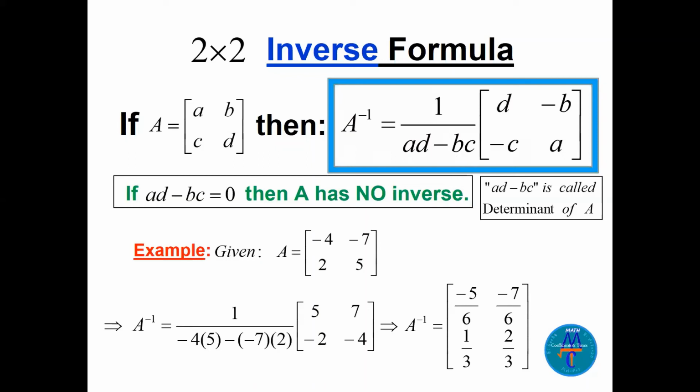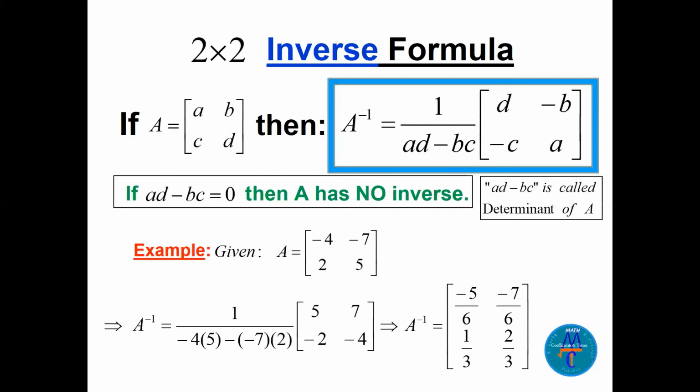B becomes minus B, C becomes minus C. This is a formula, guys. You can directly apply it when you have a 2 by 2 matrix and you need the inverse. Now it's very clear that if this number, AD minus BC, which we call the determinant, is 0, there is no inverse for A.